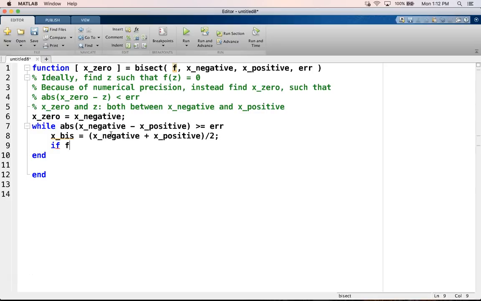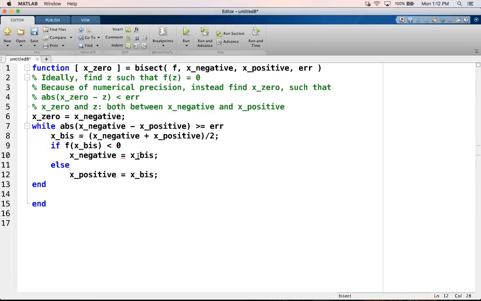Then I want to know, should I replace x negative or should I replace x positive? So if x bisect is less than 0, then I replace x negative, because this input could be a negative input. Otherwise, I'm going to replace x positive. Okay, and that's really all I have to do.